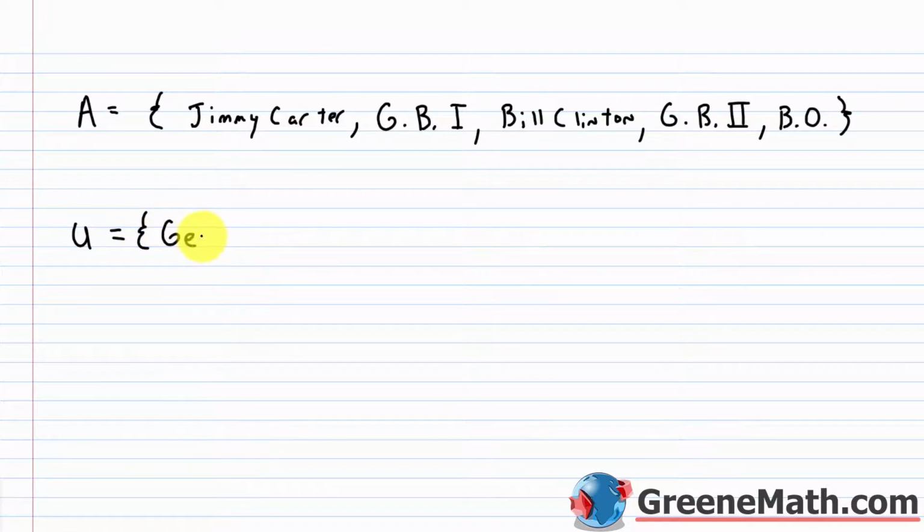Okay, so we would start with George Washington. And then the next one was John Adams. And then, of course, after that, you had Thomas Jefferson and so on and so forth. So let's just put 3 dots here. And we'll come in with the final 2.